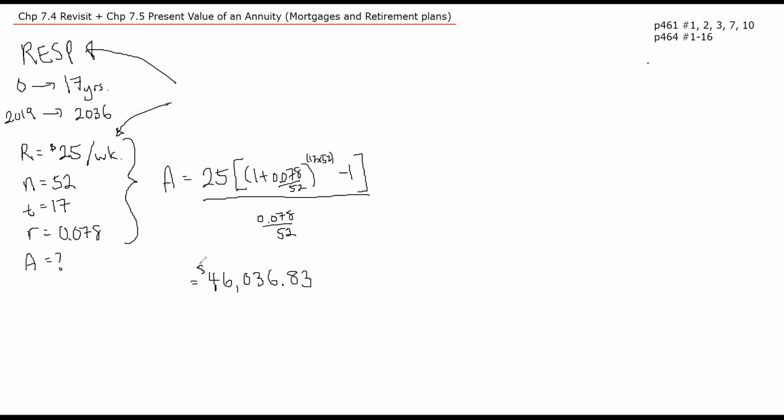Okay, and just in case I'm making any mistakes, I'll do it one more time. Plus 1 to the power of 17 times 52, subtracted by 1, times 25, divided by 0.078 divided by 52.